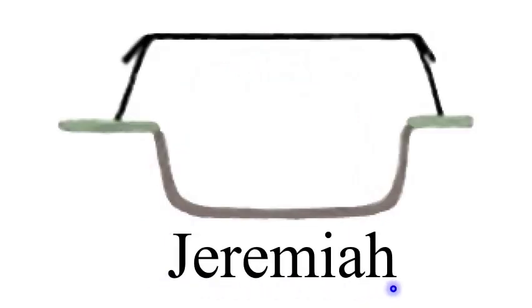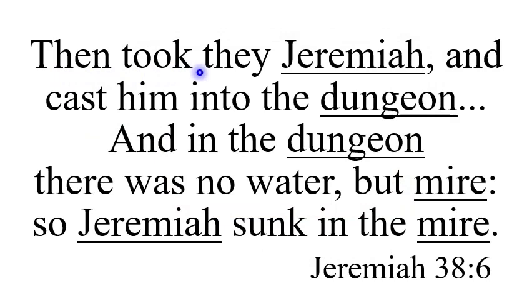The icon for Jeremiah is the dungeon with mire under the building, because the Bible says, "Then took they Jeremiah and cast him into the dungeon, and in the dungeon there was no water, but mire." So Jeremiah sunk in the mire. Jeremiah 38:6.